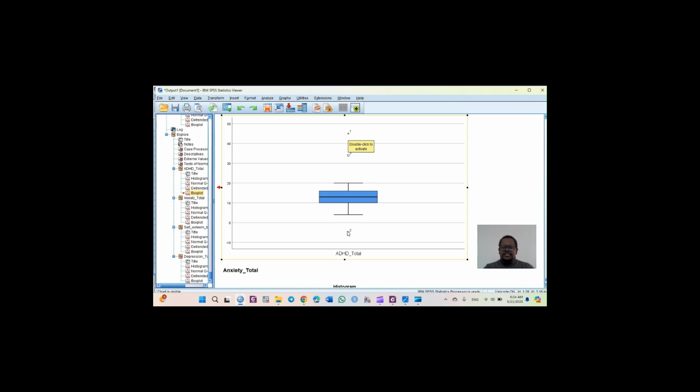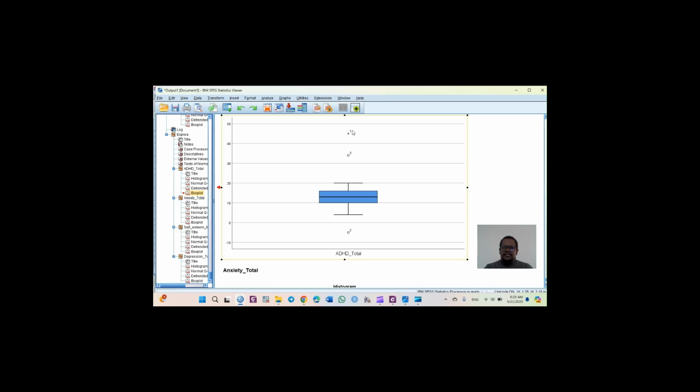That means SPSS assumes these values are outliers, and the one with the star is a much farther, extreme value in the dataset. So at this stage, before going to further analysis, we have to manage them.